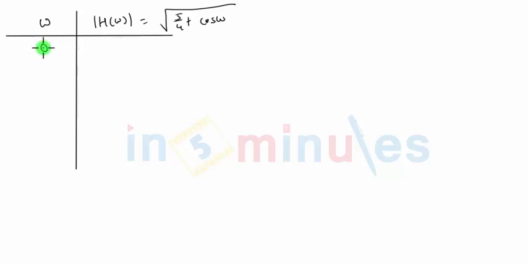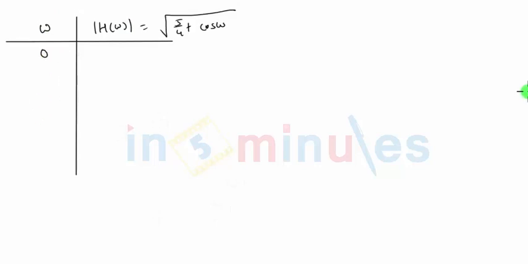Now I'll start omega from 0. The range of omega is from minus pi to plus pi. But for a causal and real signal, the magnitude response will be an even function, and hence I can find the values for 0 to pi. H of omega will be exactly the same for the values of omega from 0 to minus pi, because it turns out to be an even function.